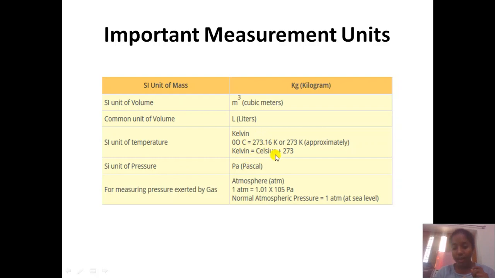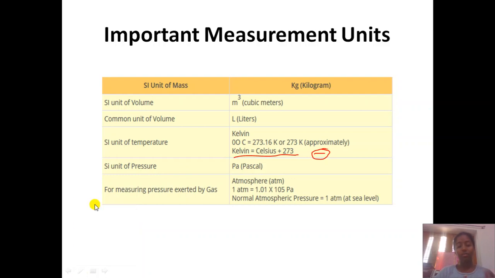Now here is the formula, I would say. If you have to convert Celsius into Kelvin, you just have to add 273. Or if you want to find Celsius and Kelvin is given, you just minus 273.